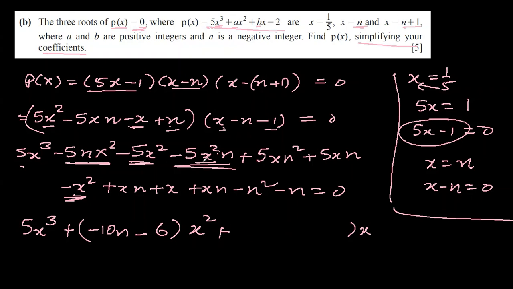So x is, this one is x, 5n square. Do we have any other with n square? No. This is only with n square. So 5n square from here. Now we have 5n here, plus 1n here, and then plus 1n here with x.